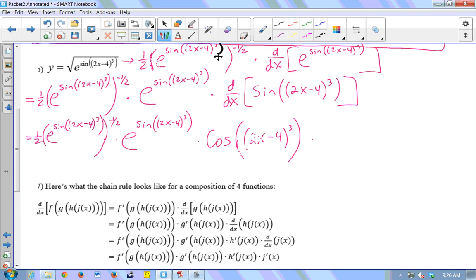Then you have to multiply by the derivative of the stuff. So the derivative of the sine of some stuff is the cosine of that stuff times the derivative of that stuff. Almost done. There's a lot of copying here.